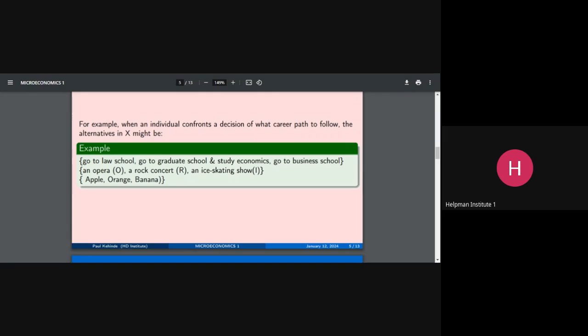Okay. Here is a set for a family who want to have a fun weekend and they decide to go to the opera, or decide to go to rock concerts, or others decide to go to what? To ice skating shows. So this is a set, a preference, for a certain family.